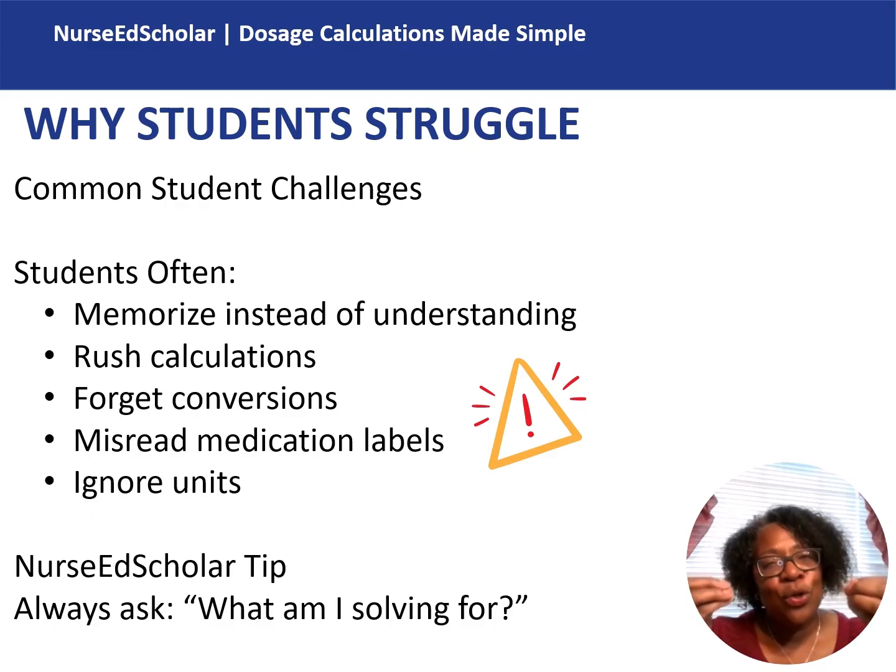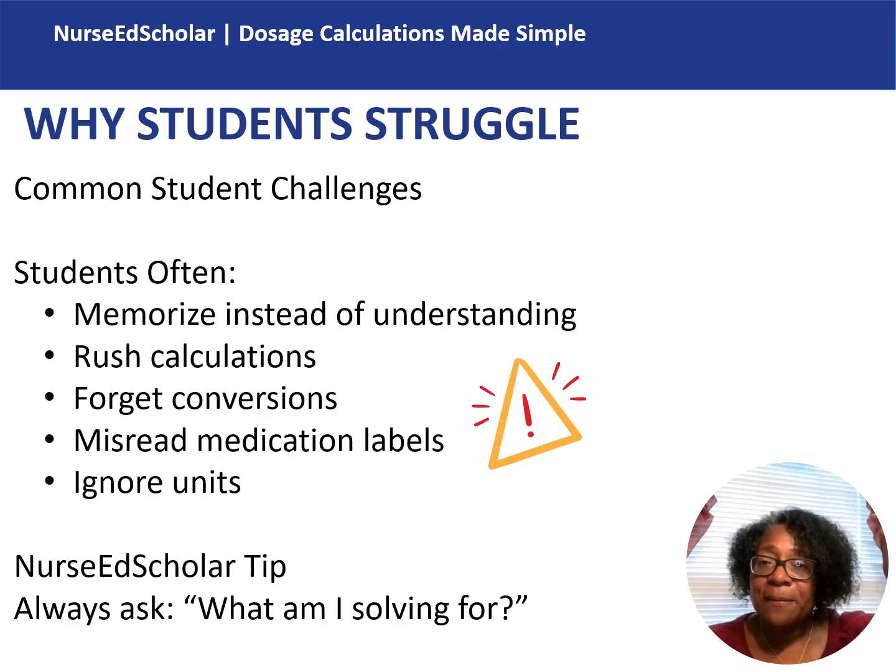Okay. And then, okay, so I have what's ordered, I have what's available. What am I solving for? Right? Tablet, milliliter, and which units should cancel out. If the units don't cancel correctly when you're doing your dimensional analysis, stop, because it's set up wrong. Okay? Something's wrong.